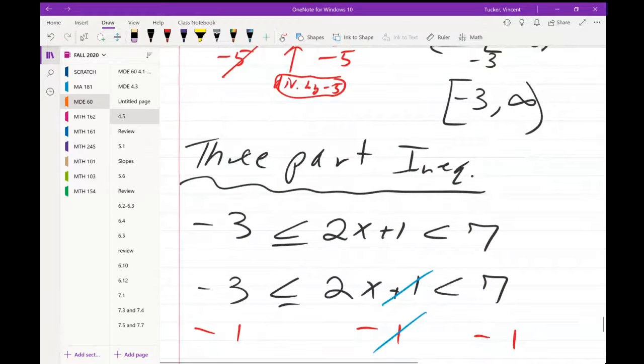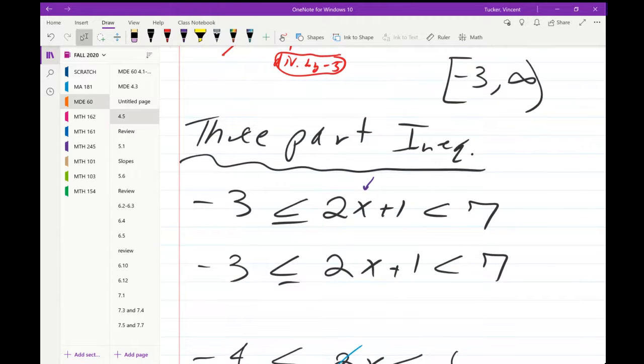So now this next one is called a 3-part inequality. And this is the setup for those last 4 rows in the chart. If you remember those last four rows in the chart, what they had was a number, an inequality, then x in the middle, and then another inequality and number. So our goal should be to keep x in the middle when we go about solving. So if I want to solve for x and I have 2x plus 1, my first move is to subtract 1.